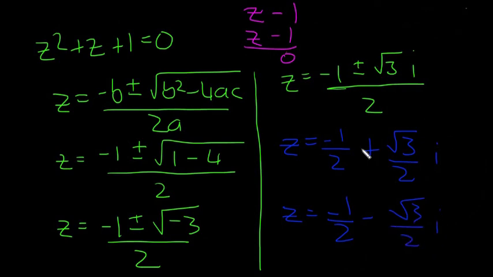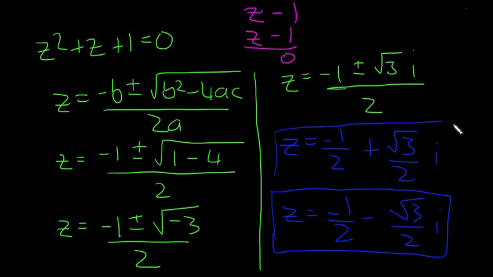Okay, so we said plus and then minus. So those are our two roots, and then we have the other root is z is equal to 1, and basically there you have it.